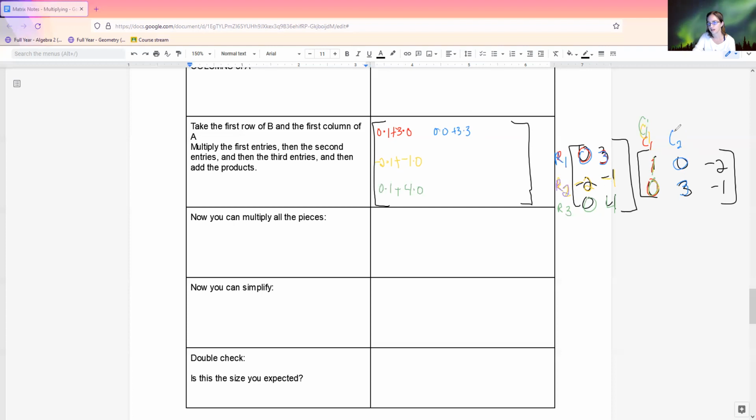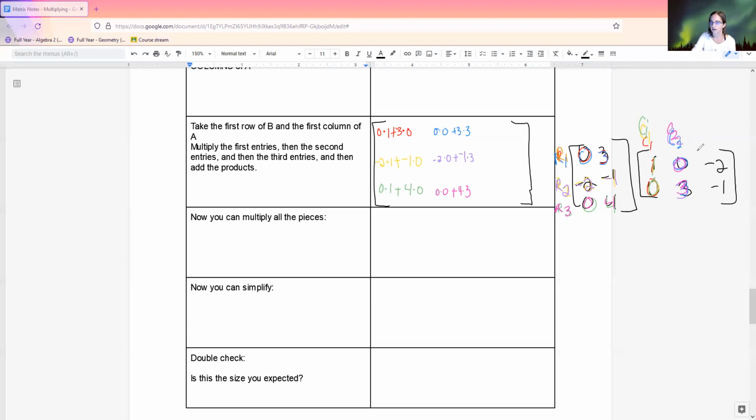Row 2, column 2. -2 times 0 plus -1 times 3. New color. Row 3, column 2. 0 times 0 plus 4 times 3. New color. Where am I? Orange? I'm in orange.